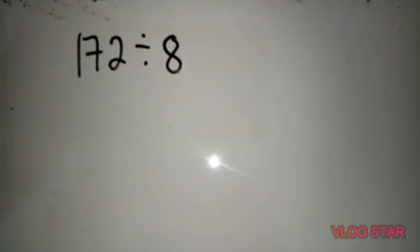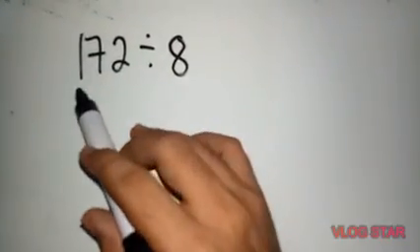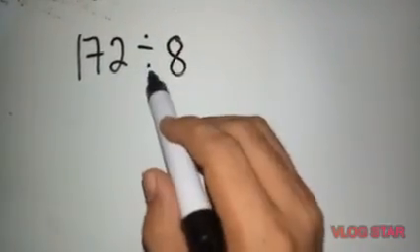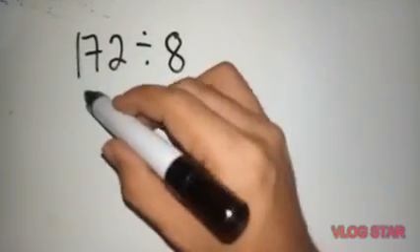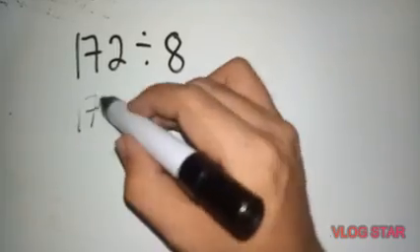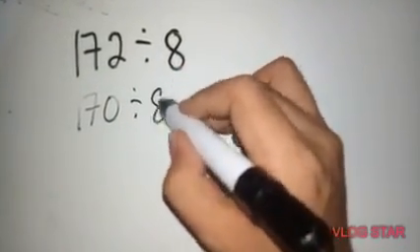Rounding the dividend and the divisor does not always make estimating quotients much easier. So this is another way to estimate quotients. We have 172 divided by 8. If we round that one, we can have 170 divided by 8.